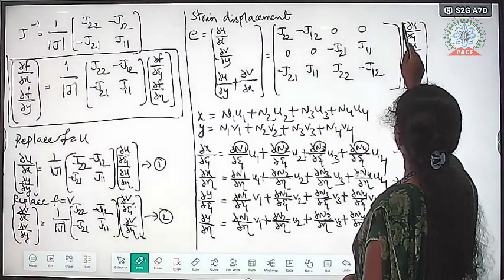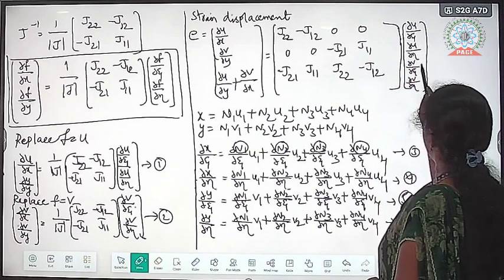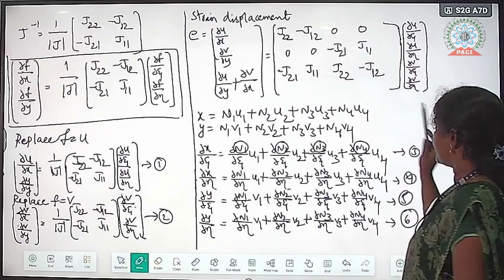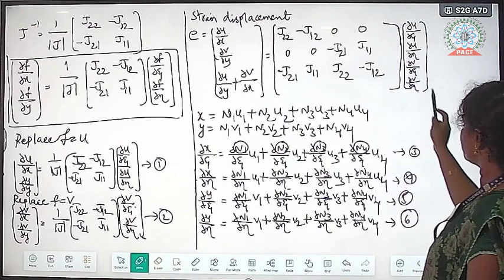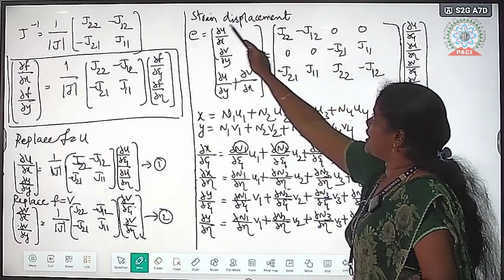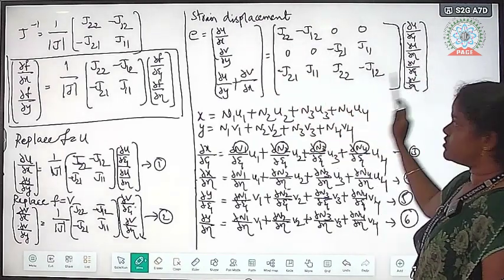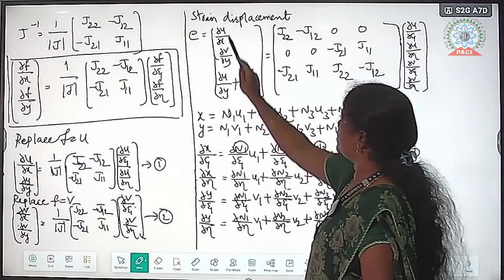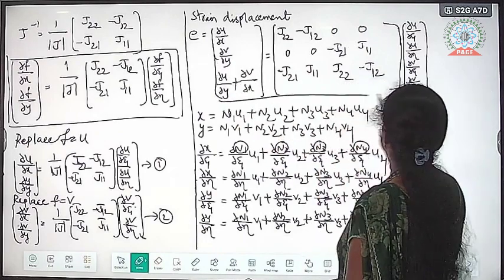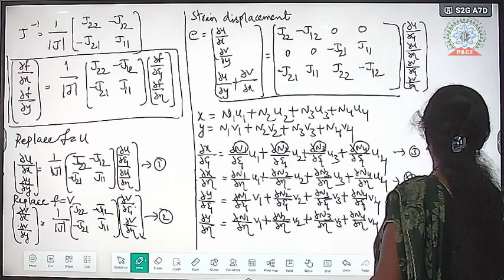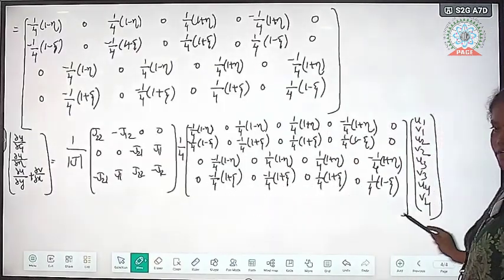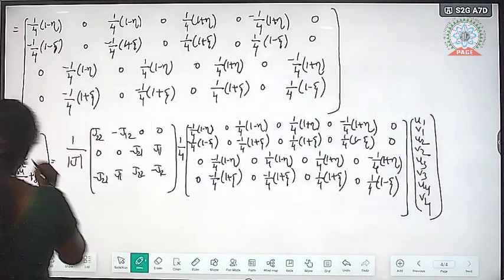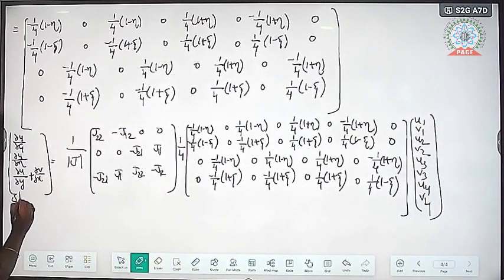So the dou u by dou xi, dou u by dou eta, dou v by dou xi and dou v by dou eta matrix we have to find finally. Those matrix forms we substitute in this strain displacement matrix equation. So finally we get E is equal to this total matrix into this final matrix. So this is the total strain displacement matrix.